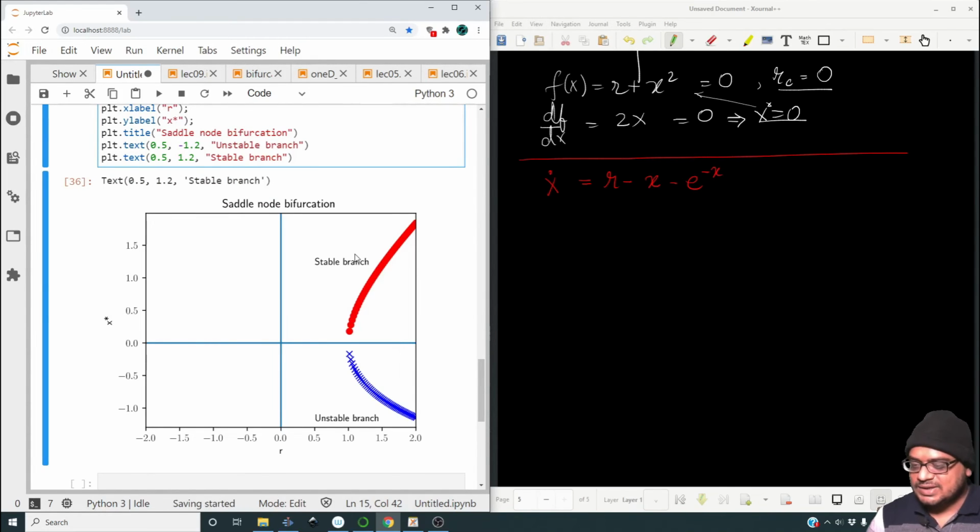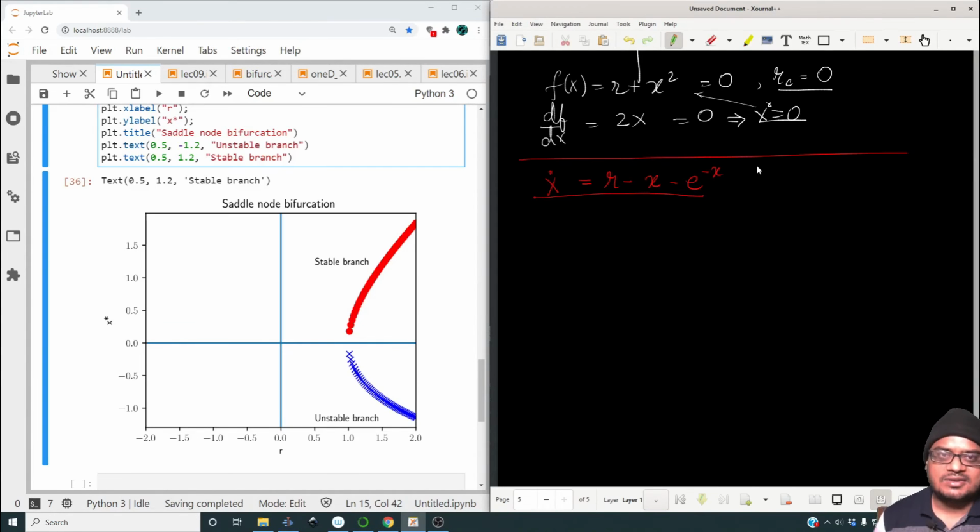So it is clear that even this equation does have a saddle node bifurcation behavior. And why is that? Why does this equation also have a saddle node bifurcation behavior? Let us look deeply into how this equation reacts in the vicinity of the fixed point.